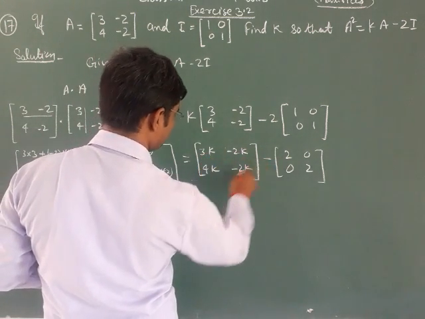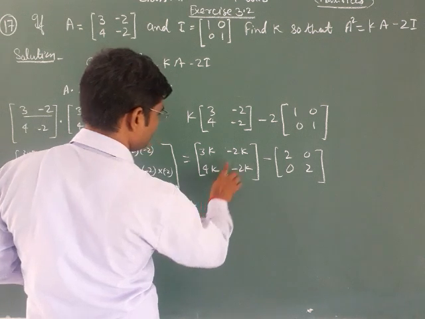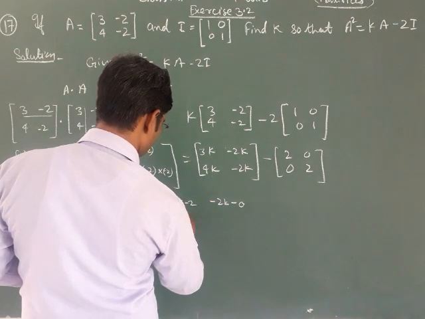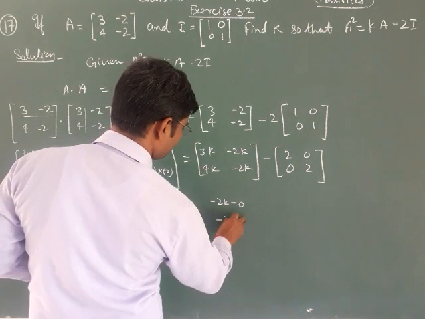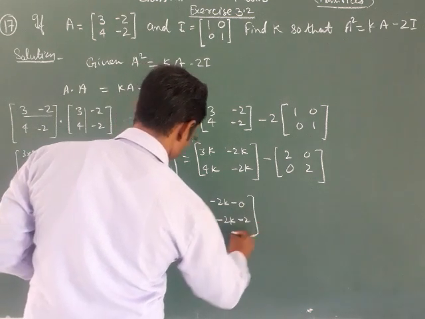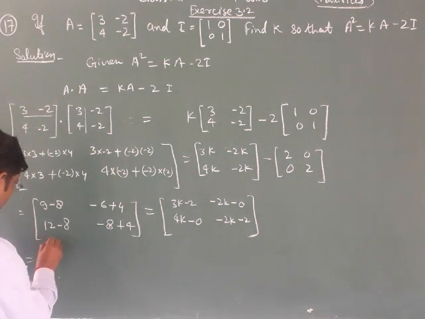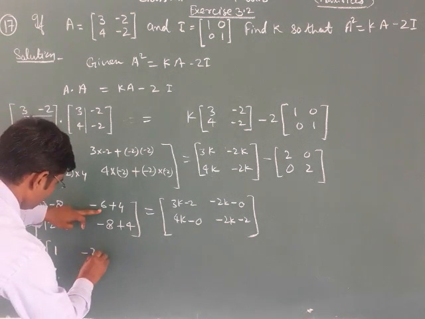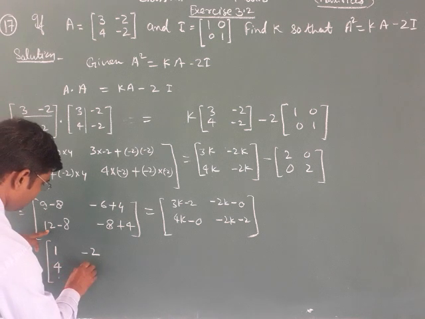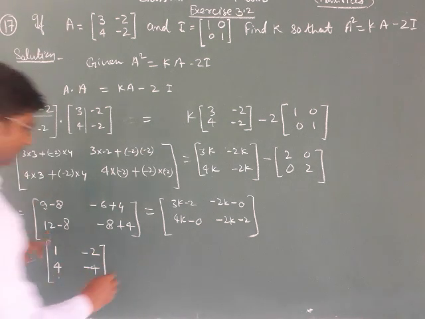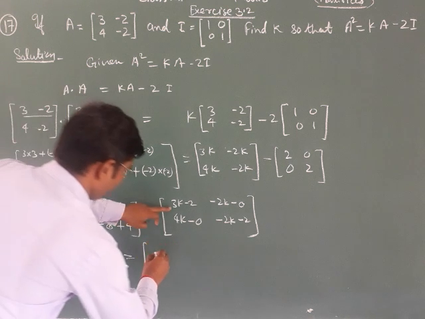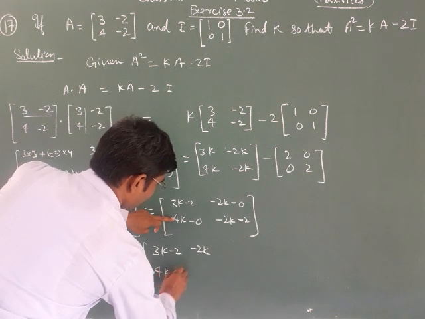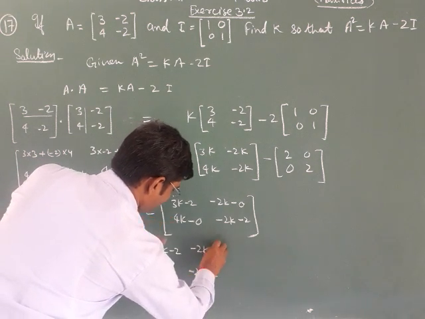So 3k minus 2, and minus 2k minus 0, and 4k minus 0, and minus 2k minus 2. So also write 1, minus 2, and 4, minus 4, and also you can write 3k minus 2, minus 2k, 4k, minus 2k minus 2.